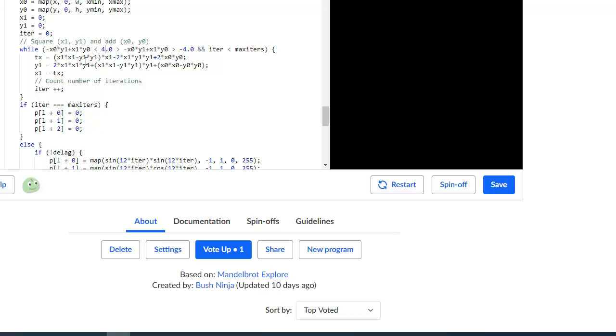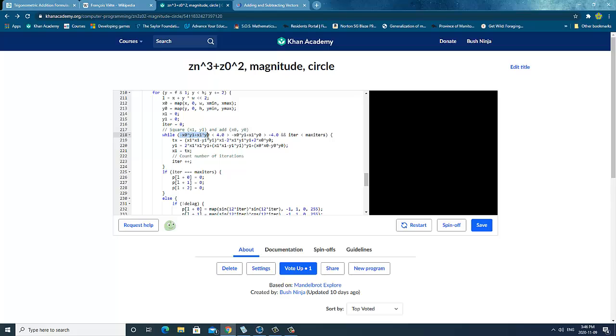All right, I think we have ourselves a bug. This here is less than 4. The area is greater than -4.